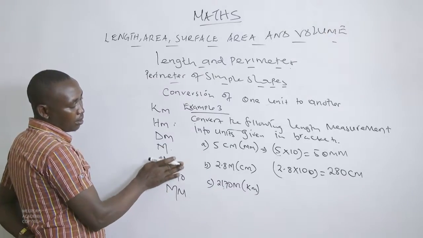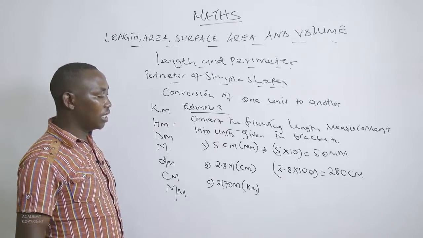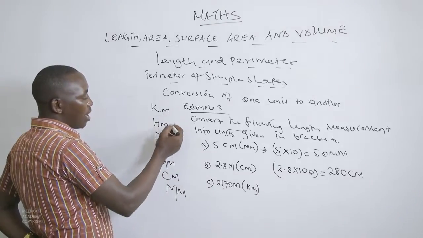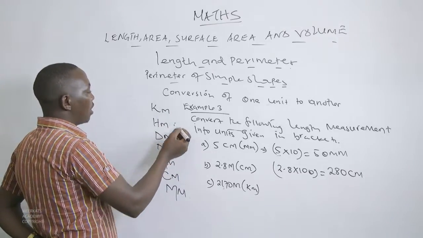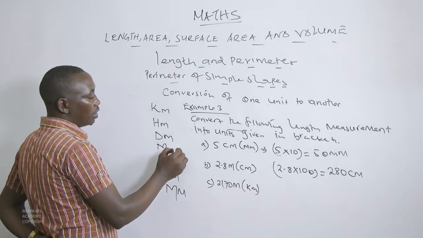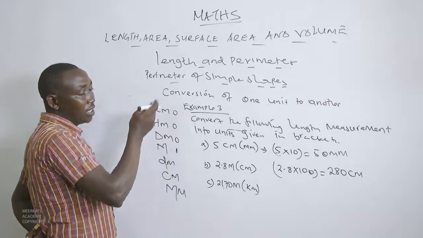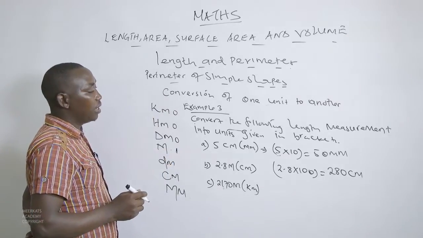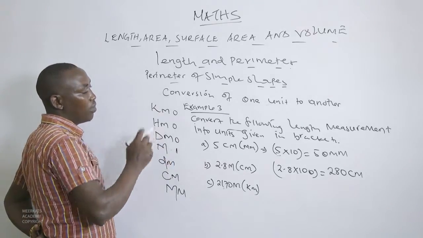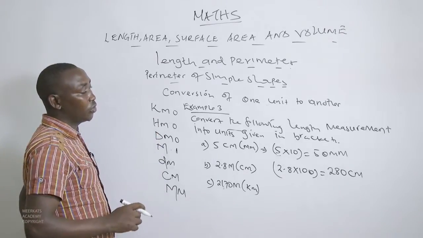Finally, we want to convert from 2170 meters to kilometers. So we have meters here and we have kilometer there. If we put here 1, the remaining shall be zeros. And because this time around we are going up, that means we are supposed to divide by a number with 3 zeros, 1000, from meters to kilometers.